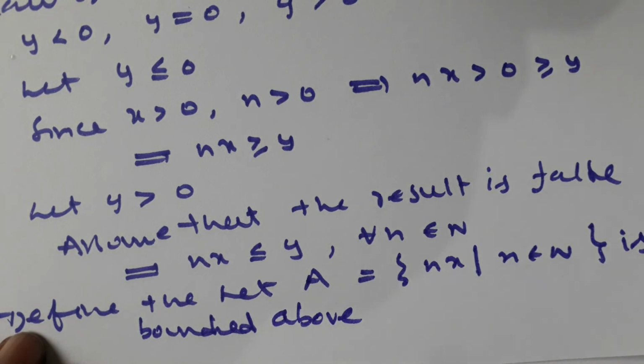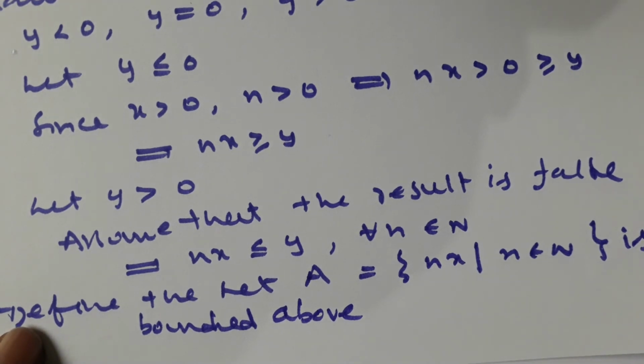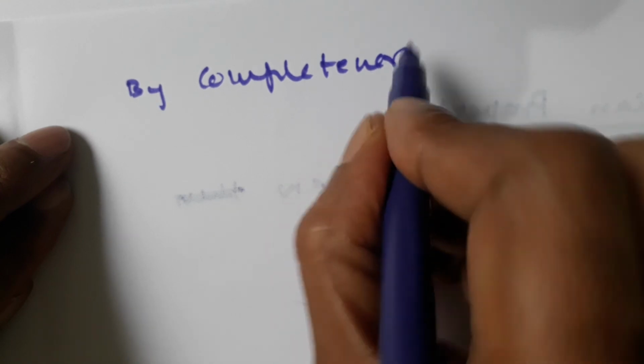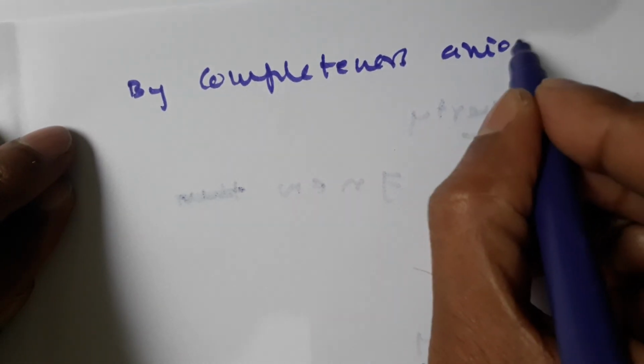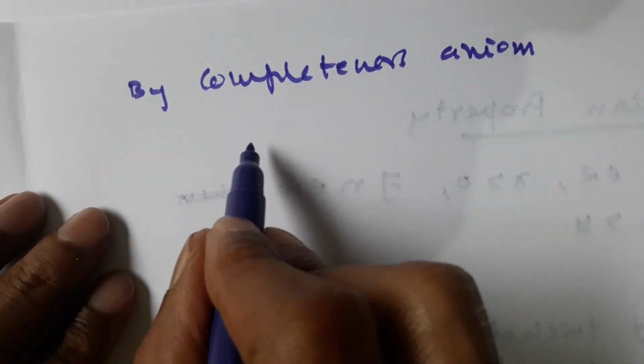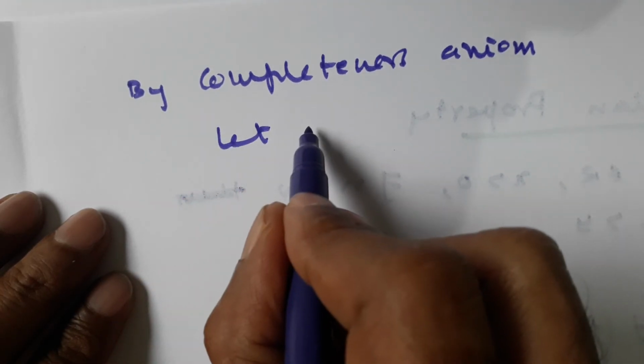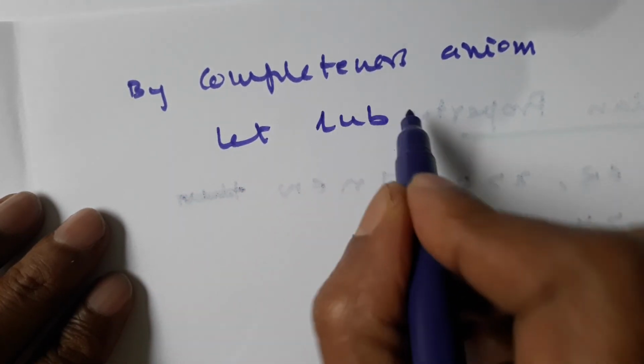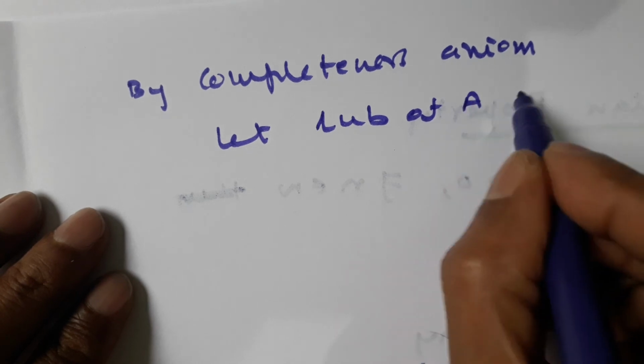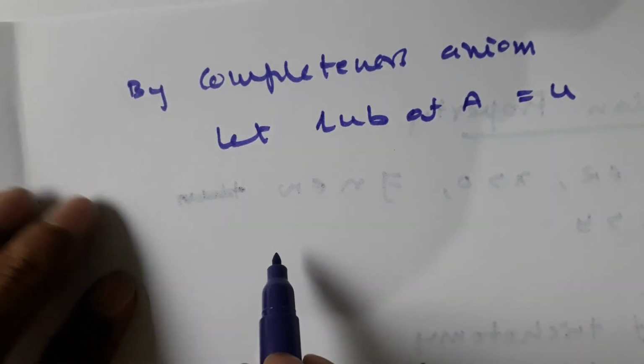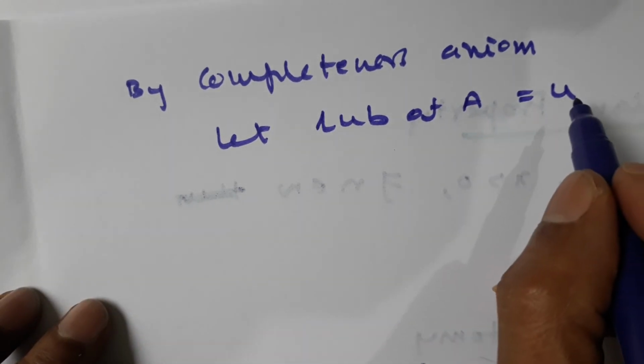That means the set A has an upper bound. By the completeness axiom, let LUB of A be equal to some u. Least upper bound of the set A is equal to u.